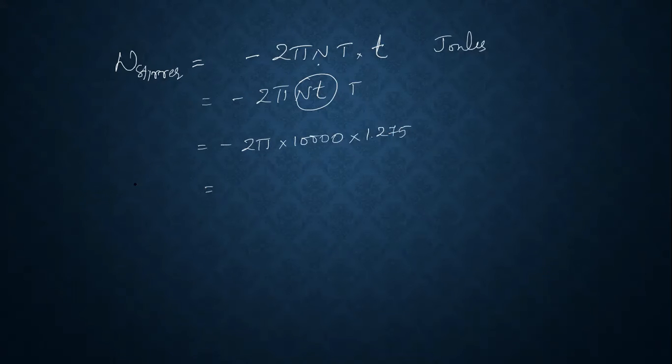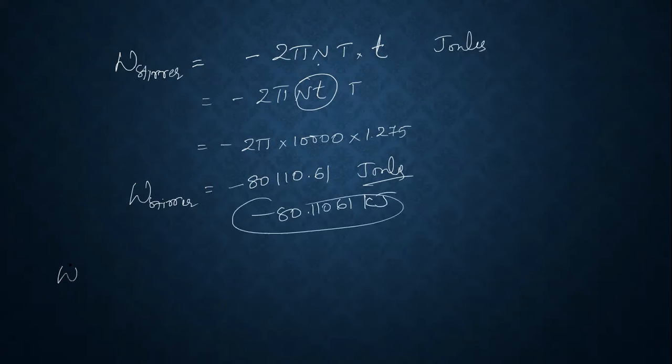Then stirrer work will become minus 80,110.61 joules, or else minus 80.11061 kilojoules.